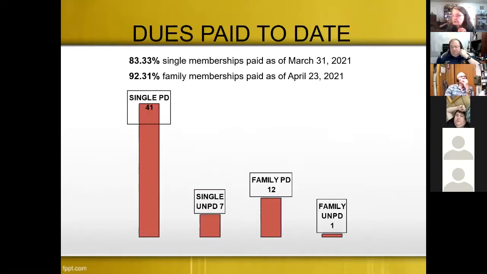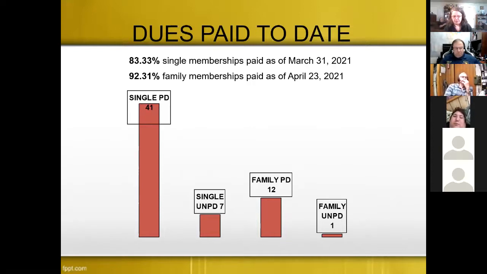Now, up until today, we have 41 singles paid out of 48. That is amazing. We have 12 family memberships paid with only 1 outstanding. I am thrilled that the membership is doing what they do. It's awesome.